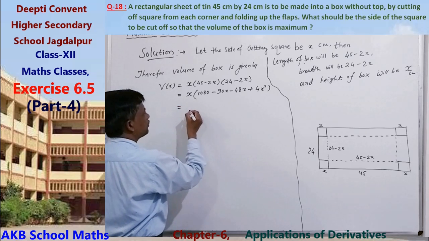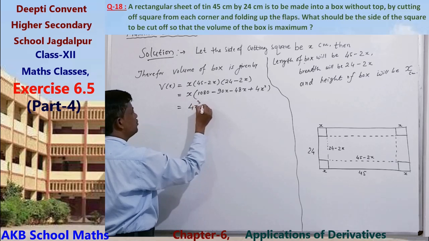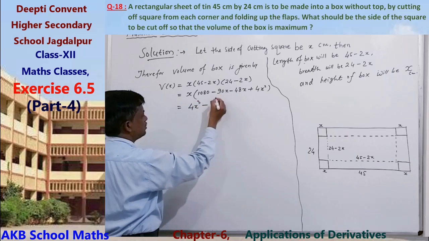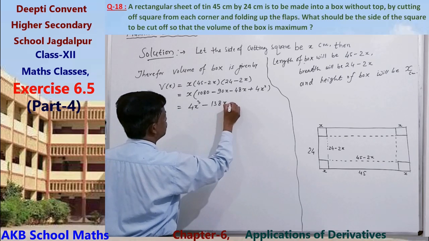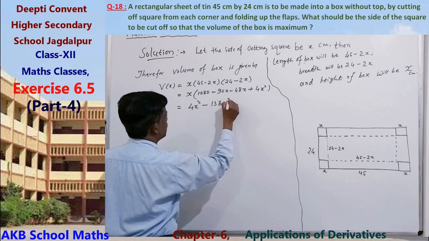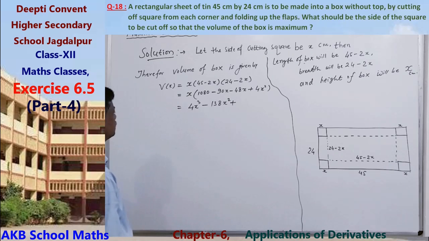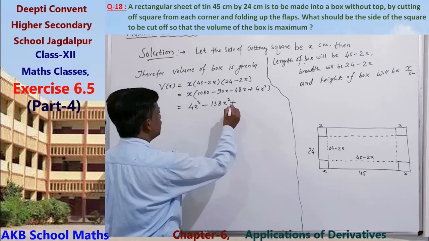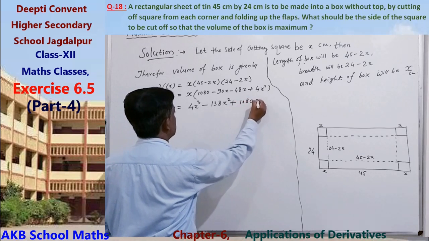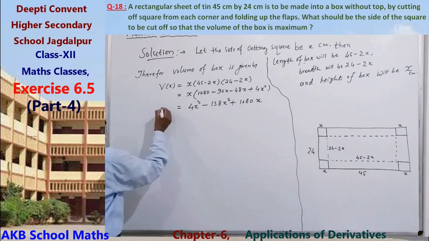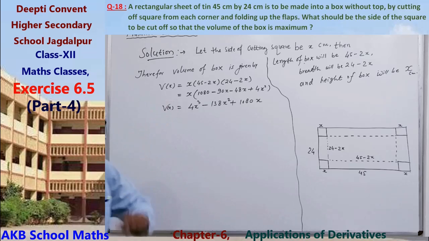This equals 4x cube minus 138x square plus 1080x. Okay, this is V(x).